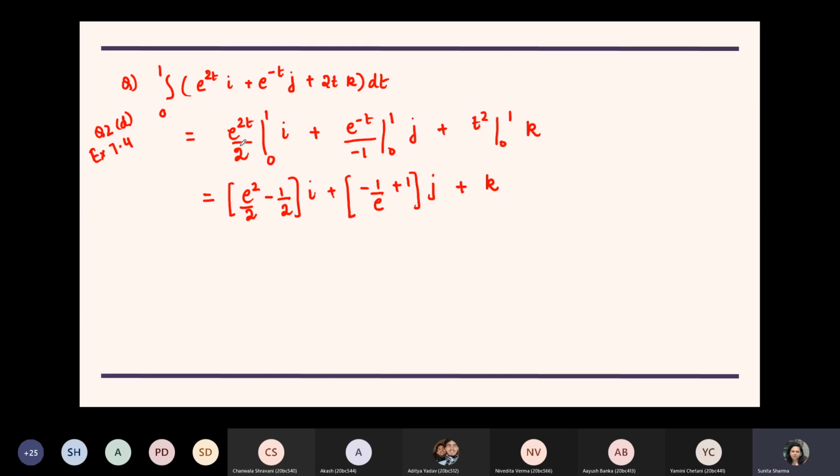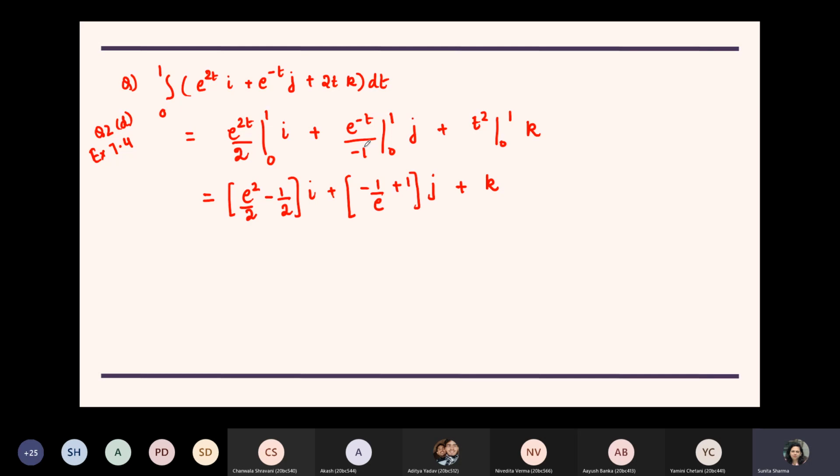You will either get the usual polynomials, okay, x square, x cube, or t square, t cube, such expressions, or you will get the exponential ones, or sine, cos, trigonometric. So you know what is the integral.